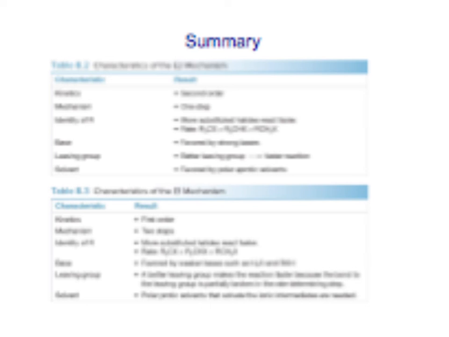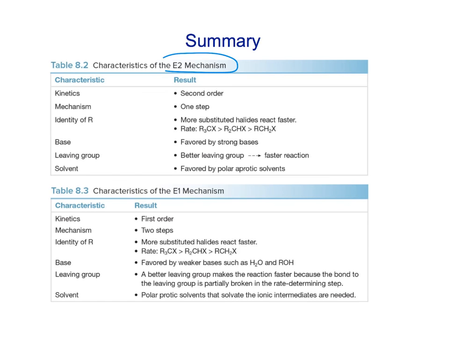Let's summarize. For the E2 mechanism, second order, that's what the 2 means. Second order reaction is a single step. It's concerted. All of the bond breaking and bond forming take place simultaneously. For the R group on the alkyl halide, the more substituted alkyl halides, tertiary over here, react faster than primary.